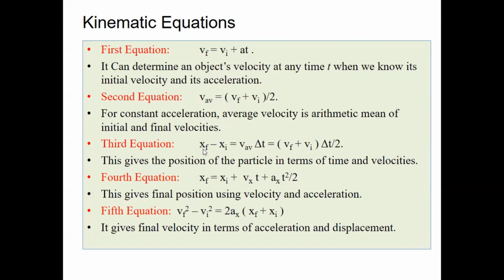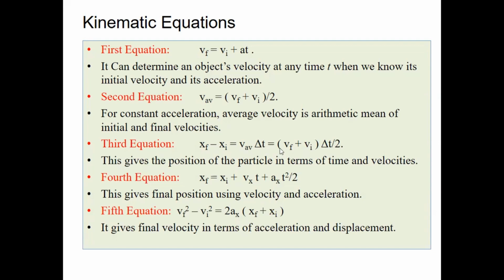The third equation is about the final position minus the initial position, which is the definition of the average velocity. We have already defined the average velocity as the final position minus the initial position, or in vector form, the displacement vector at the final position minus that at the initial position, and this difference divided by delta t gives us the average velocity.